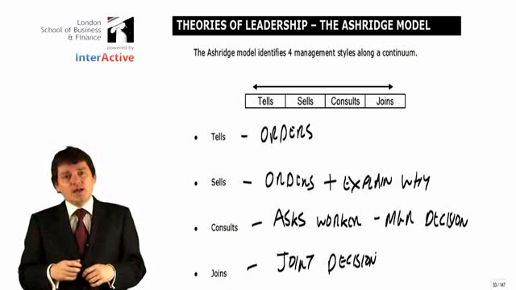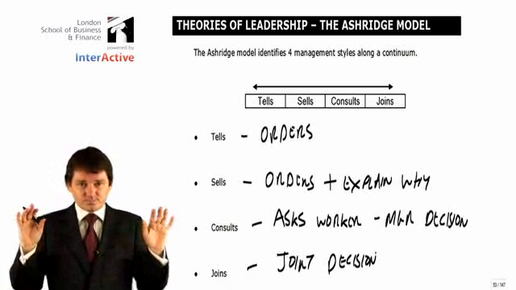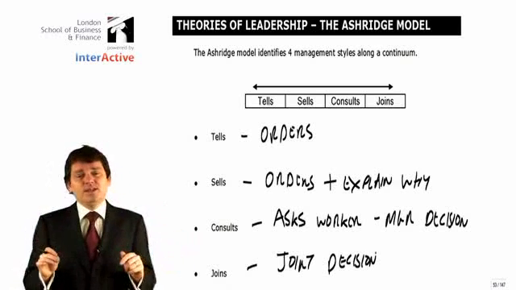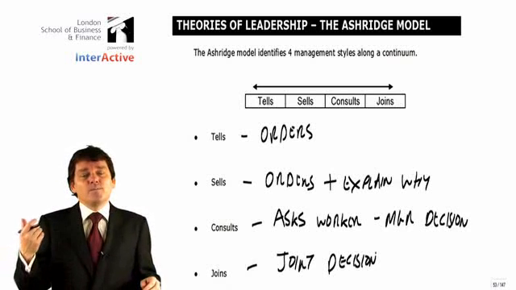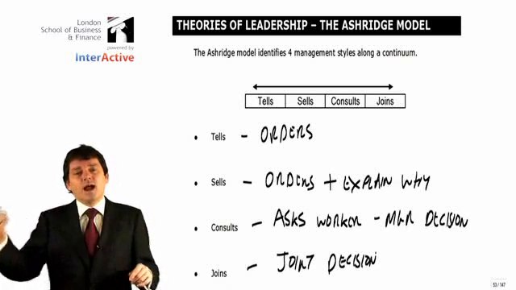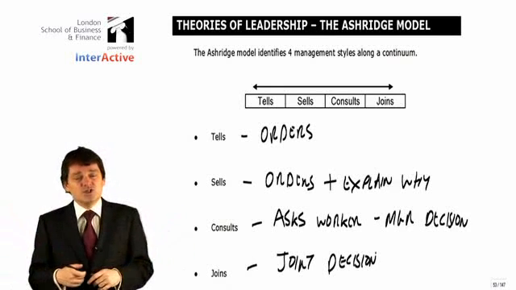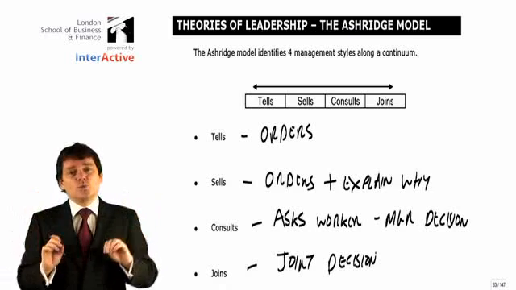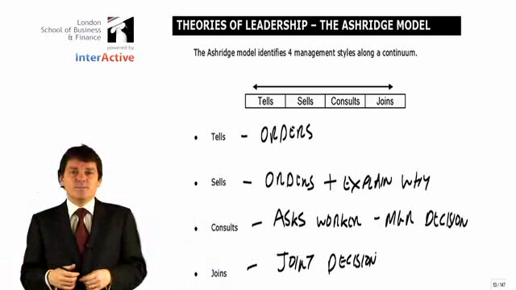The consults bit is good because maybe the manager deliberately wants to get a range of opinions before they do anything. Maybe, for example, the manager is talking to workers and the workers deal with customers. So the manager has to make a decision to do with customers. They ask the workers because the workers meet the customers.